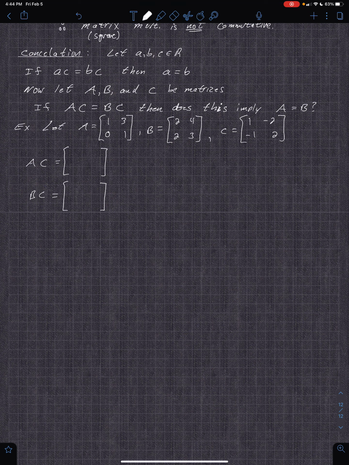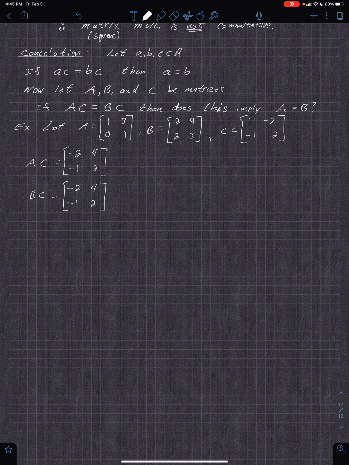And do that product. You're just doing A times C, so it's 1 plus -3, and then -2 plus 6, etc. So you get -2, 4, -1, 2, and -2, 4, -1, 2. Now, those are equal, right?